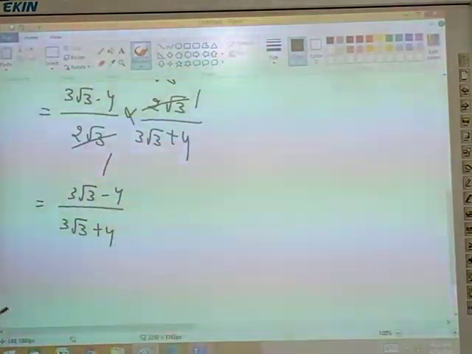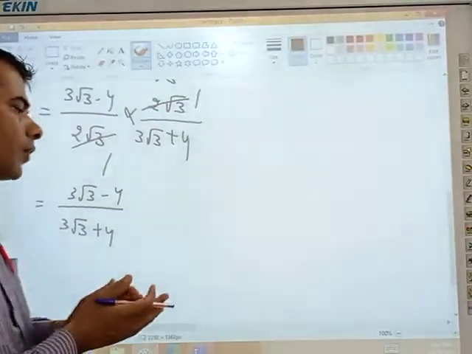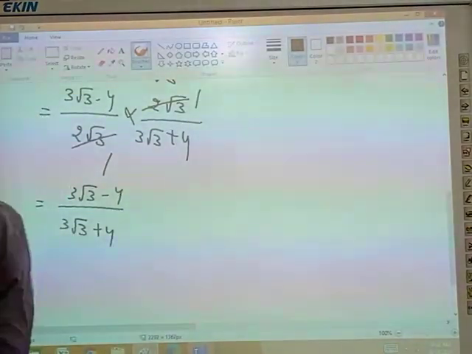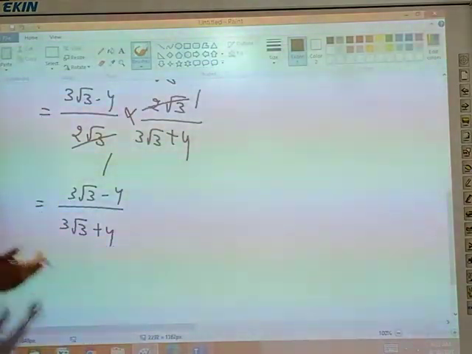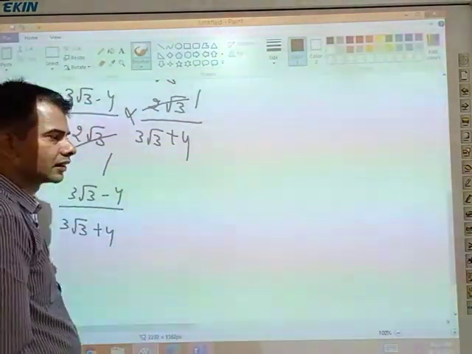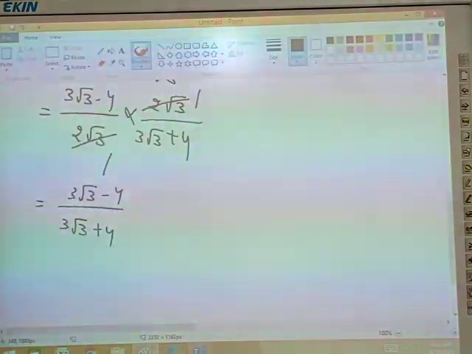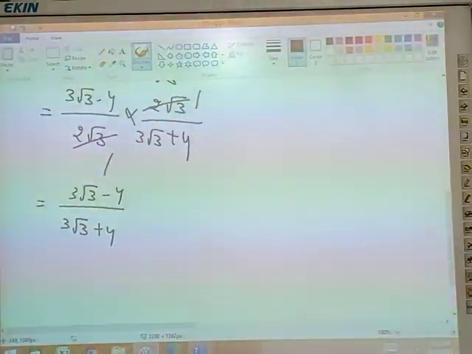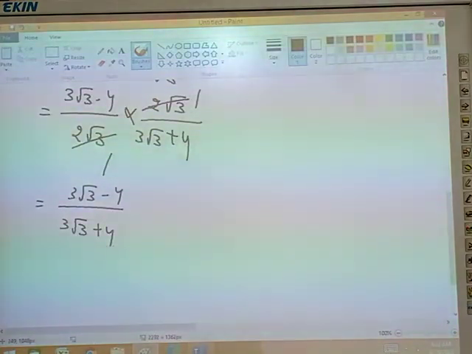Now we have to remove the square root from the denominator. How can we remove the square root from the denominator? Rationalization. You have already studied the topic of rationalization in 9th standard, chapter number 1.